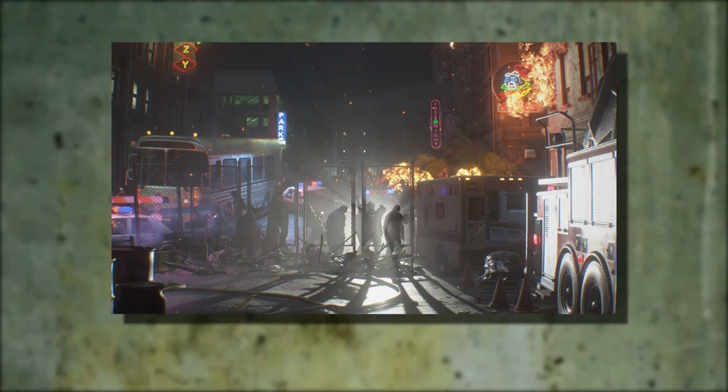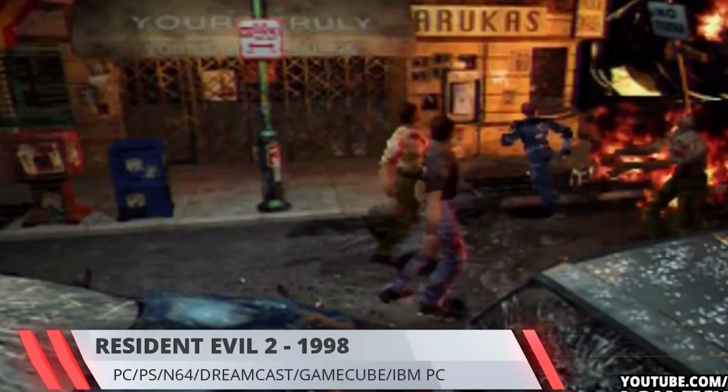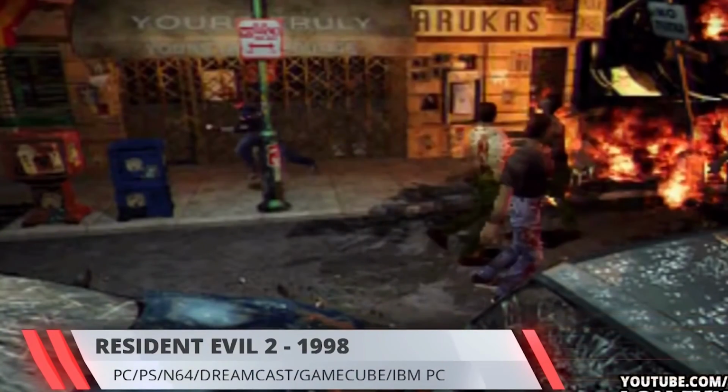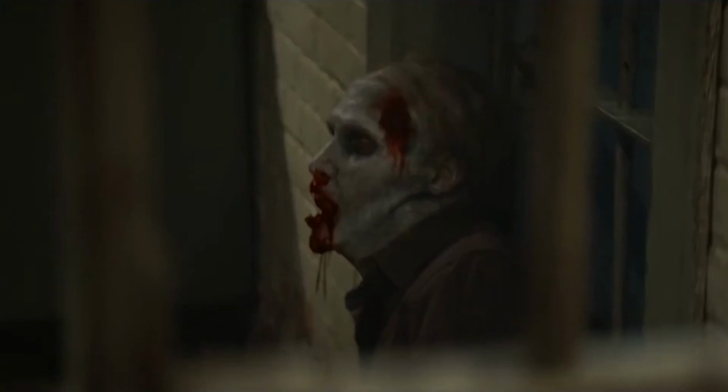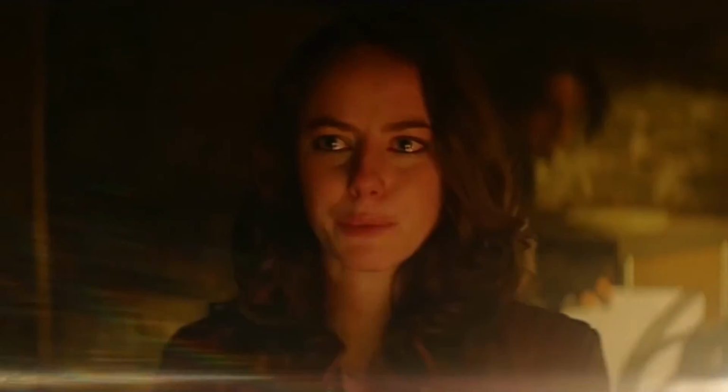This focus on contaminated water is more akin to Resident Evil 2 and 3, which explain the spread of the T-virus as a result of infected shower water due to an incident at the water treatment plant. Though Welcome to Raccoon City has still muddled the original game's narrative to get to its action scenes faster.